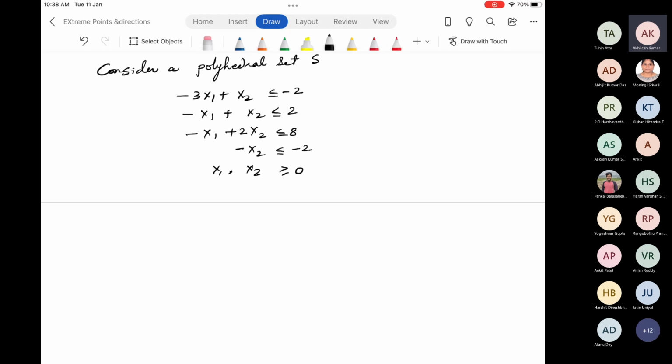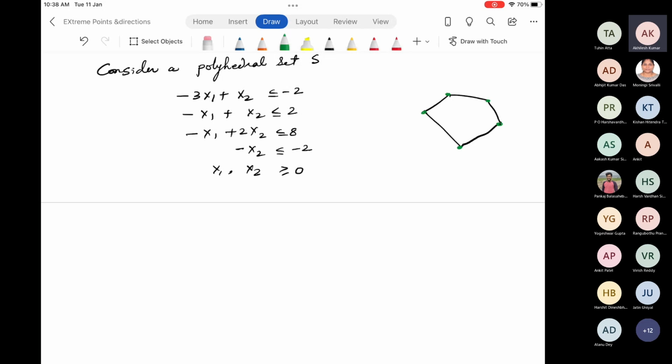Can you convince him that there is no direction for bounded sets? Okay, there is no direction as per the definition. No, I'm not asking you to convince me. I'm asking Bethlehem to convince you that you are wrong. Sir, if you go towards the center, what do we have for extreme direction?